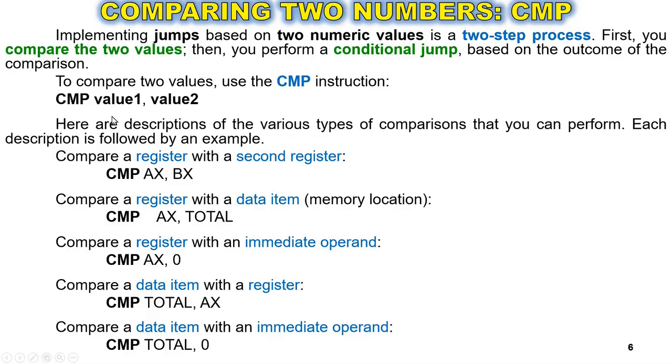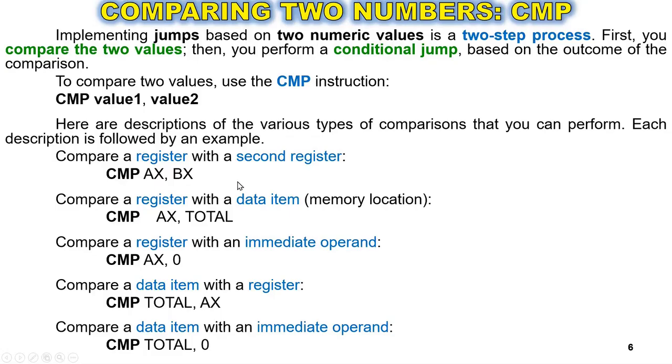The syntax is, we write the mnemonic symbol command CMP, followed by a first operand separated by a comma from a second operand. Here are descriptions of the various types of comparisons that you can perform. Each description is followed by an example.